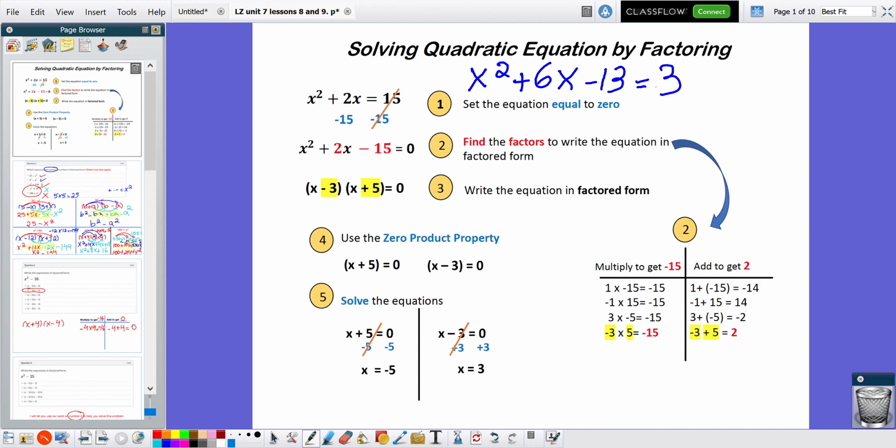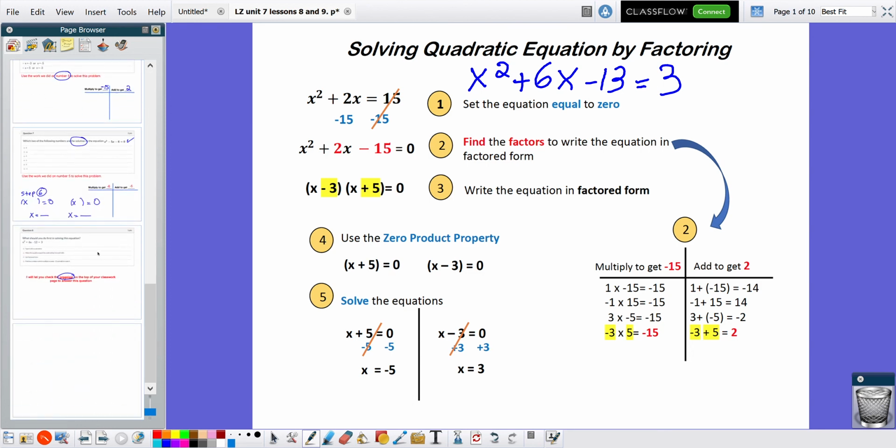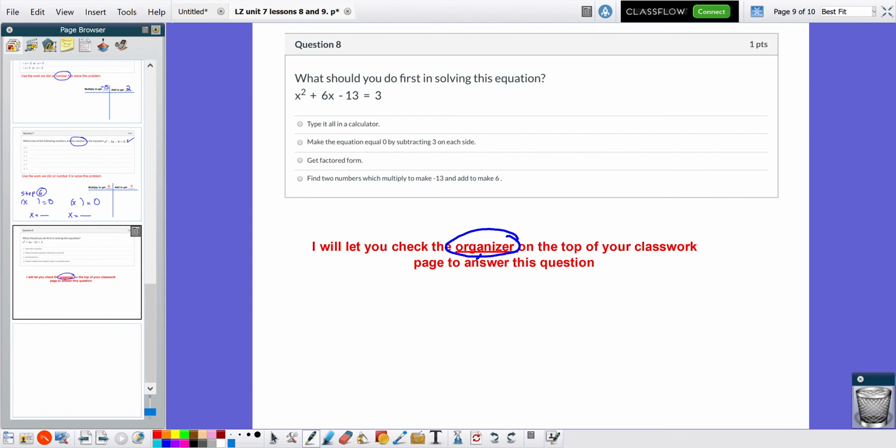No. So which step are you going to do in order for the equation to equal 0 so you can solve the equation by factoring? So you can go back to number 8. Is that step 1? So we want to know step 1. Make the equation equal 0 by subtracting 3 on each side. Get factored form. Find two numbers which multiply to make negative 13 and add to make 6. You can go ahead and look at the organizer and choose your answer.